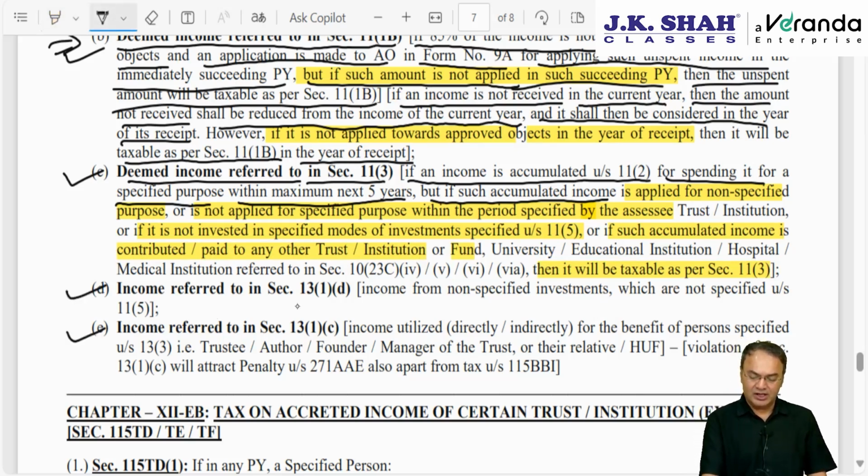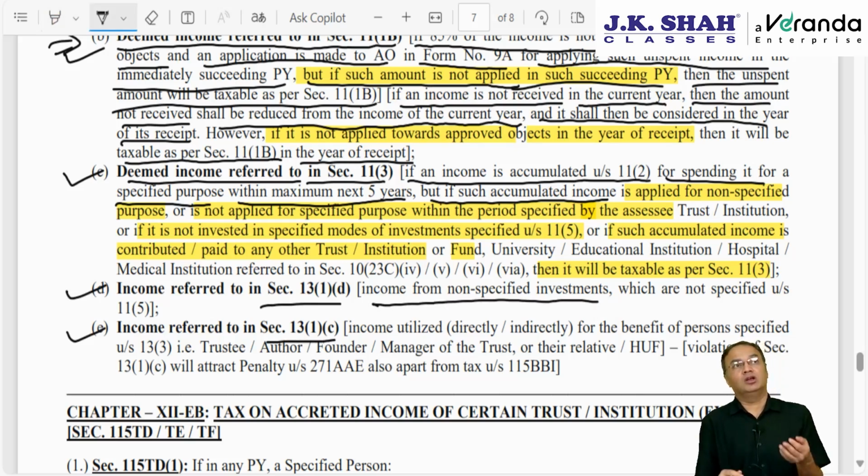Last two, 13(1)(d) and 13(1)(c). 13(1)(d) is income from non-specified investment. If you recollect, last session we had discussed in part 1 that out of 14 modes, one of the modes of investment was shares of only public sector companies, PSU, government companies: IOC, Indian Oil Company, ONGC, SAIL, GAIL, BHEL, Hindustan Petroleum, Bharat Petroleum.